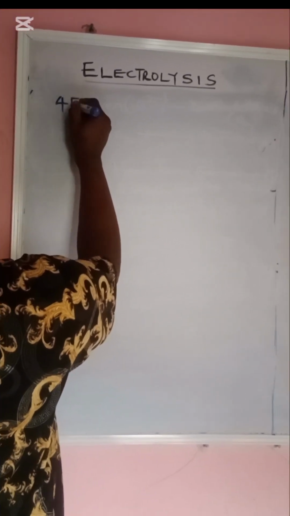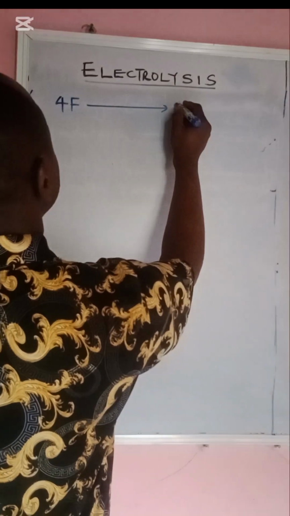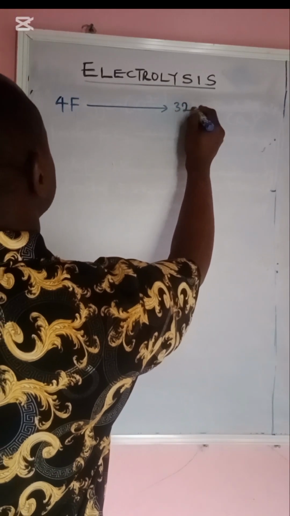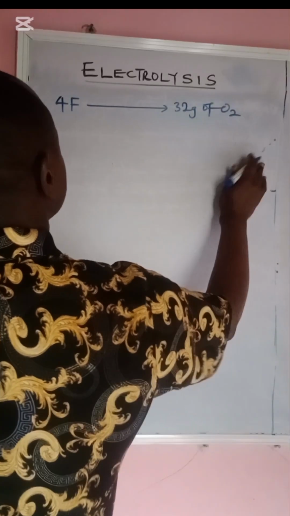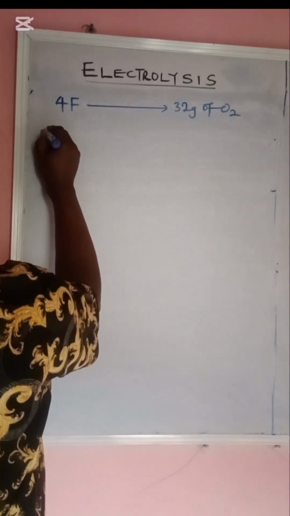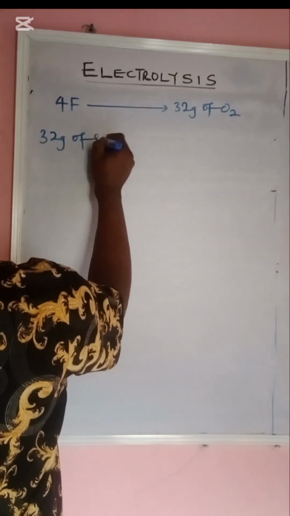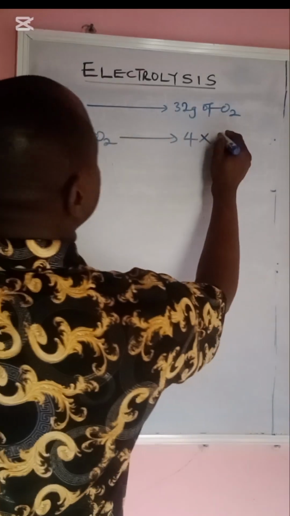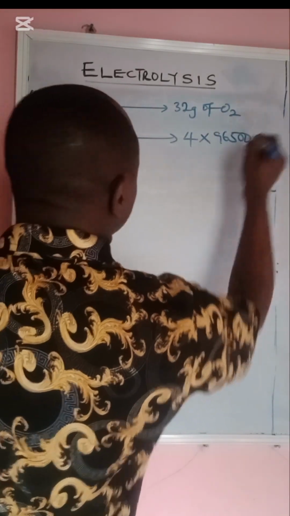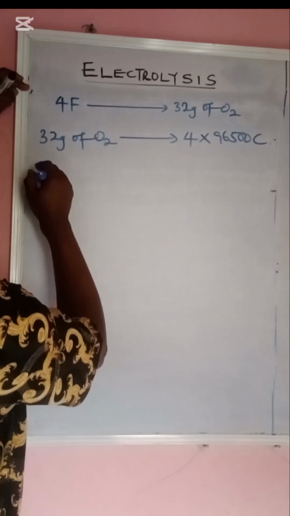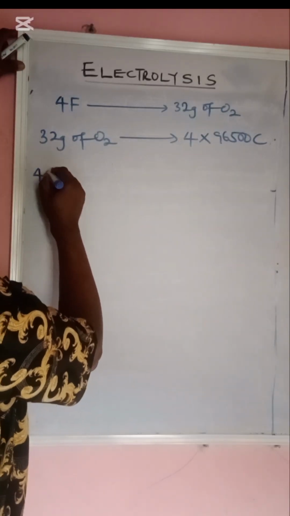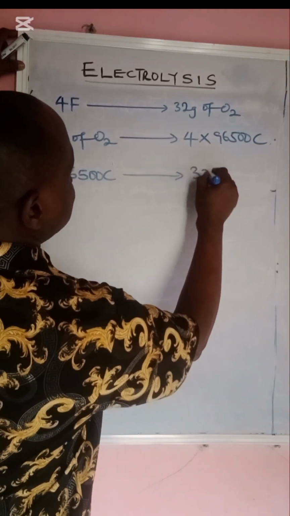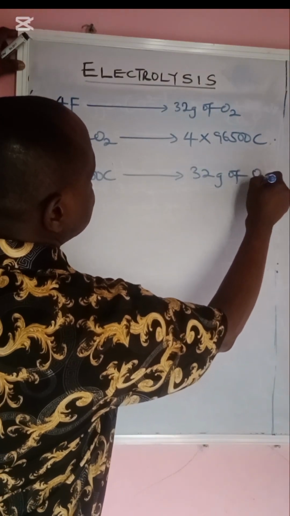So 4 Faradays are required to deposit 32 grams of oxygen. Let me write this as 32 grams of oxygen require 4 Faradays, meaning 4 times 96500 coulomb. That is what we know. So 4 times 96500 coulomb is required to liberate 32 grams of oxygen gas.